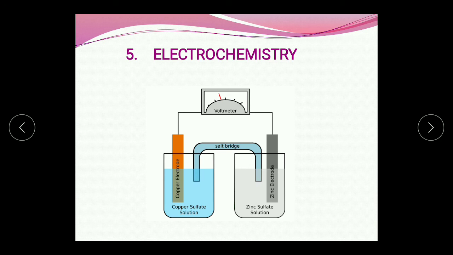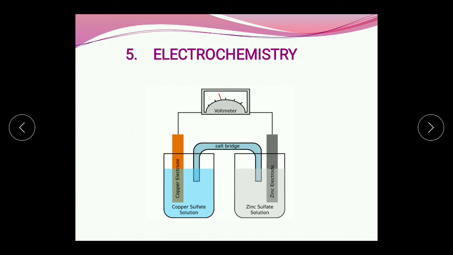Electrolytes are also of two types: strong electrolytes and weak electrolytes. Strong electrolytes exhibit high conductivities, and the weak electrolytes show lower conductivities, because weak electrolytes are the weak acids or weak bases that dissociate to a very small extent, while strong electrolytes are strong acids and strong bases along with salts.